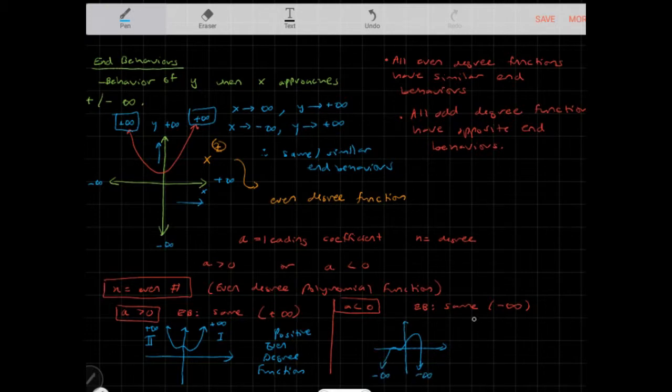The end behaviors would be in quadrants 3 and 4. Make sure you note this and memorize it, because this is true for all positive and negative even degree functions. Okay, let's take a look at odd degree functions.